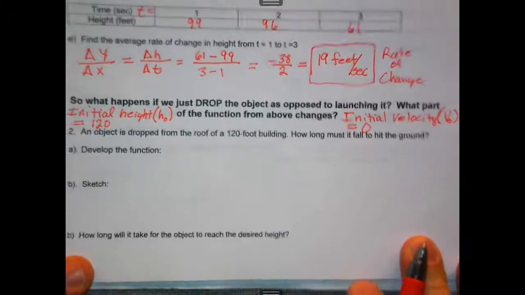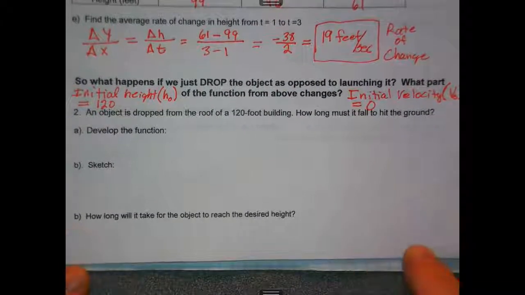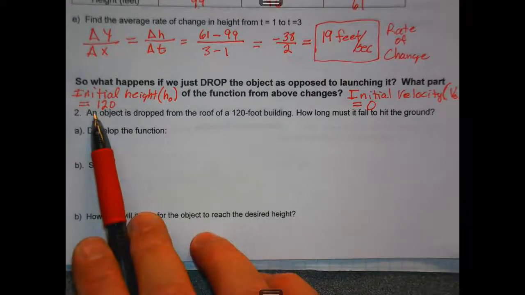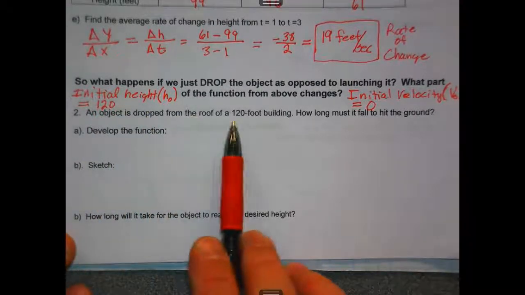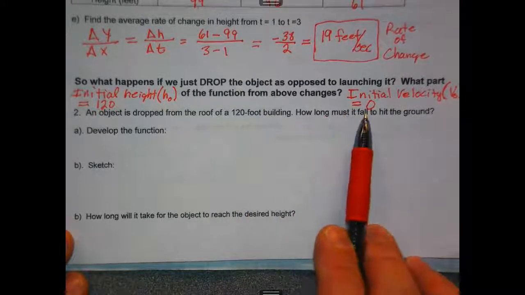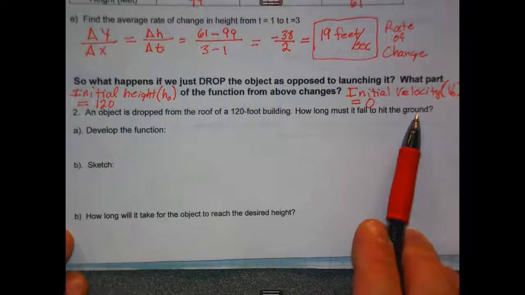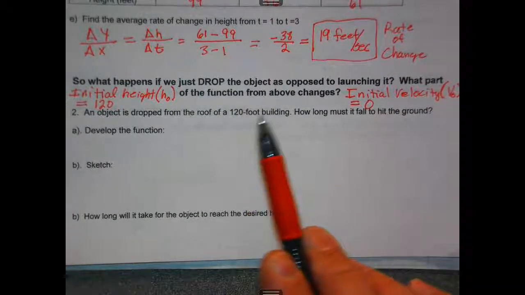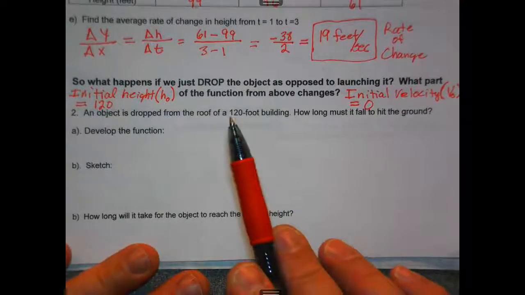Okay. All right. An object is dropped from the roof of a 120-foot building. How long must it fall to hit the ground? Now, it takes 120 feet long to hit the ground.